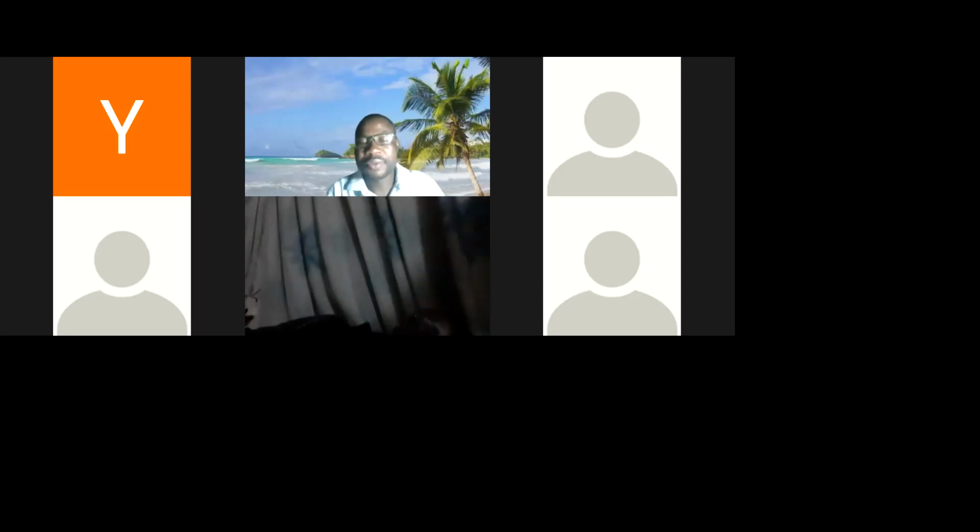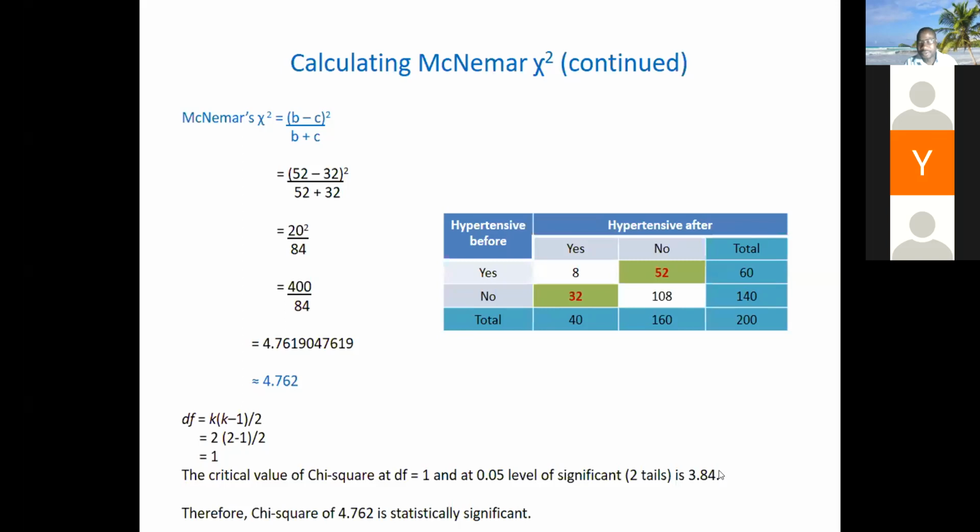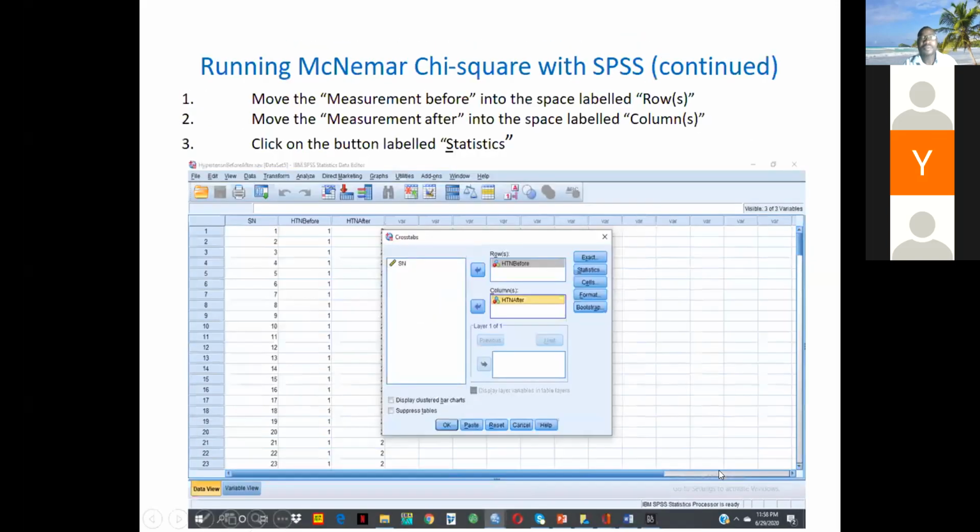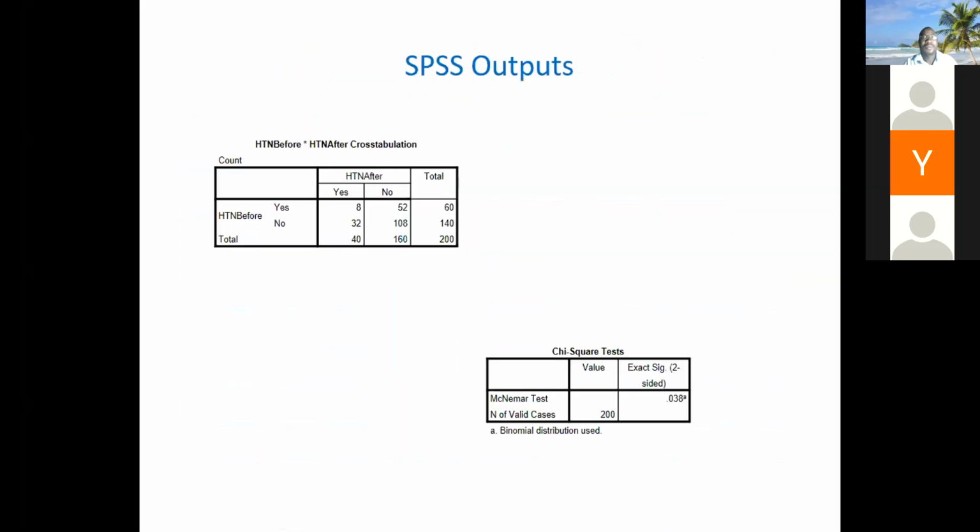Okay, so how do we interpret these results now? On the table you put, you can put the percentage: what percentage were hypertensive and what percentage were not hypertensive.